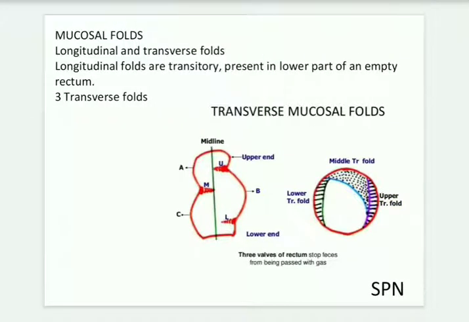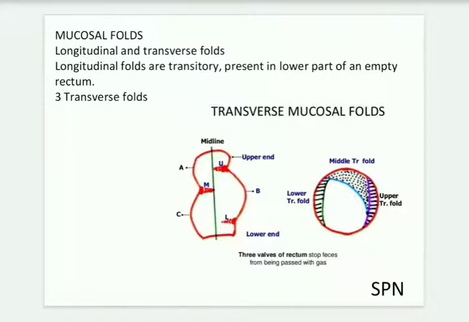Next, the mucosal folds. The mucous membrane of an empty rectum shows two types of folds: longitudinal and transverse folds. The longitudinal folds are transitory but present in the lower part of the empty rectum.